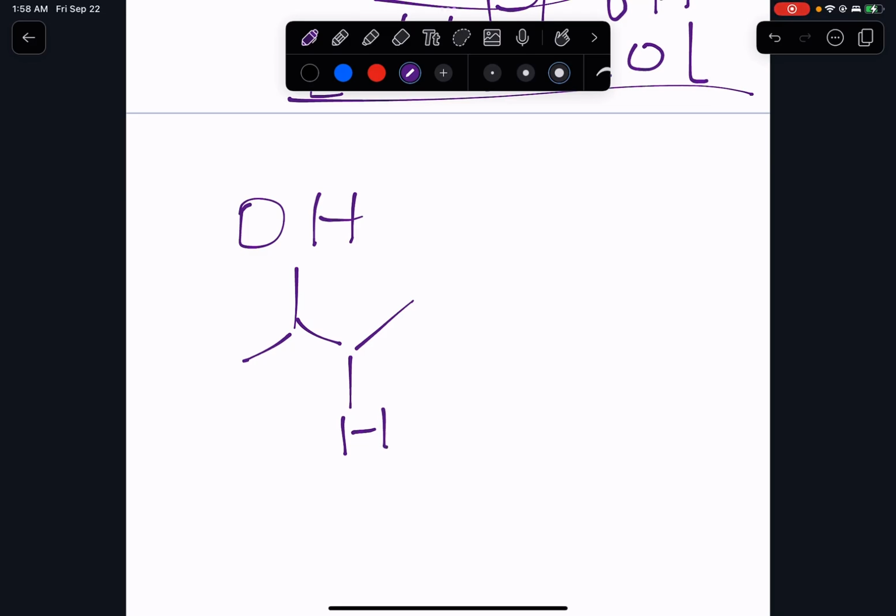What do we call this? This is called 2-methyl-3-butanol.